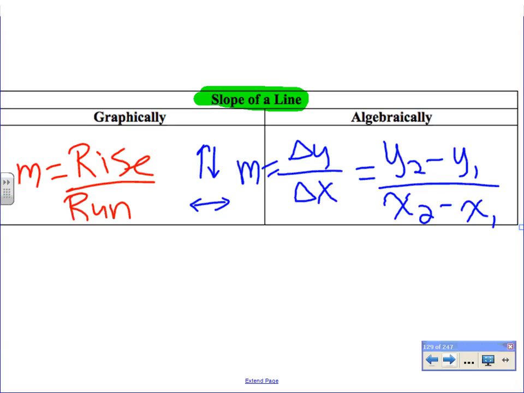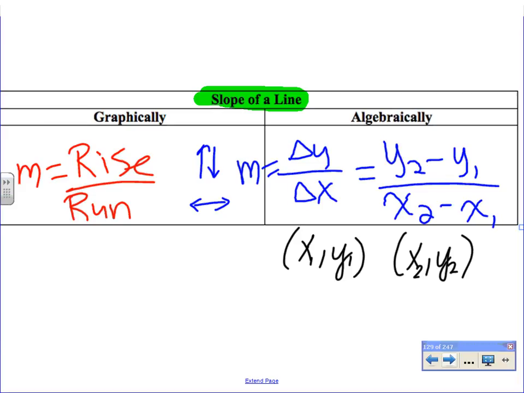So now if you're given 2 points algebraically, instead of looking at a graph, we can find slope by doing y2 minus y1 over x2 minus x1. That's if you're given 2 points. So if I give you an ordered pair that looks like this and another ordered pair that looks like this, I'm going to denote this one as 1, the first one I gave you. This is the second one I gave you, so I'm going to denote it as 2.